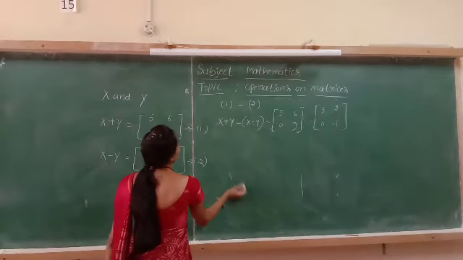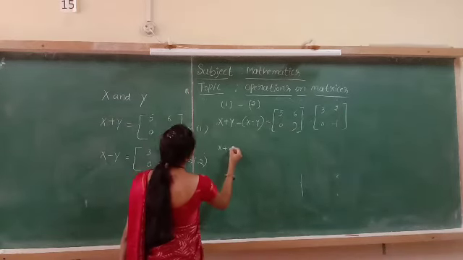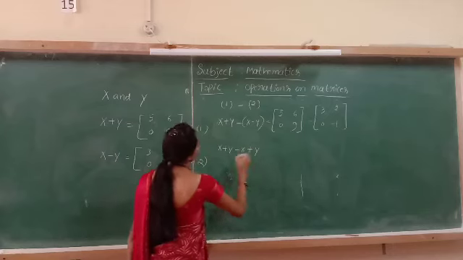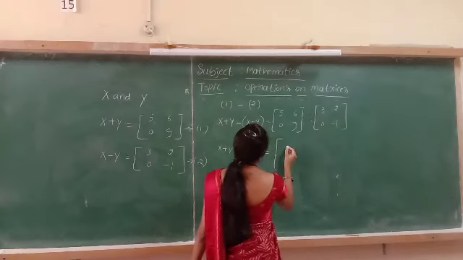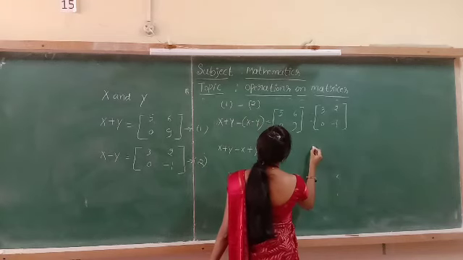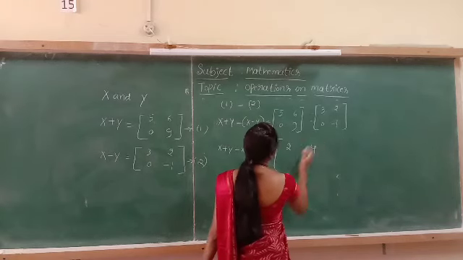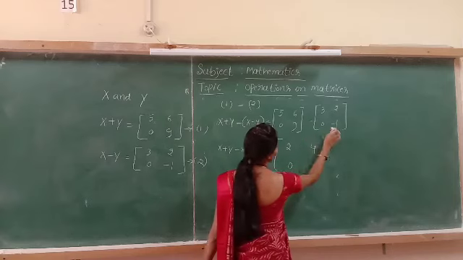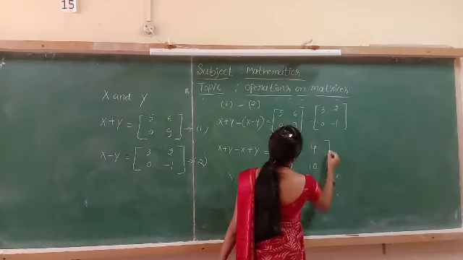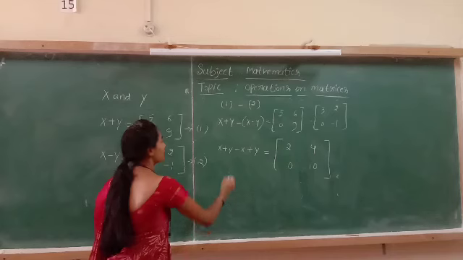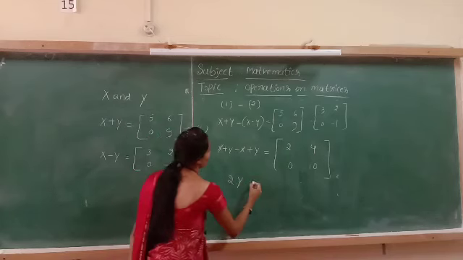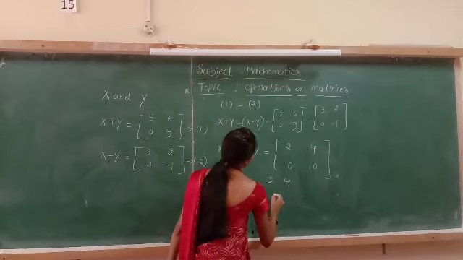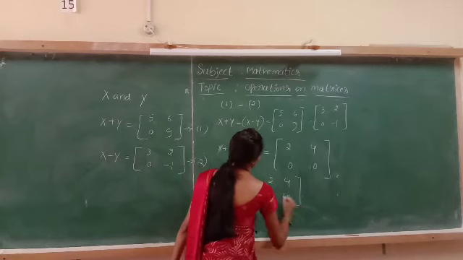So here, X plus Y minus X plus Y, which is equal to the matrix 5 minus 3 is 2, 6 minus 2 is 4, 0 minus 0 is 0, 9 minus of minus 1 is, that is 10. Then plus X minus X gets cancelled. Then finally 2 times of Y is equal to [2, 4; 0, 10].